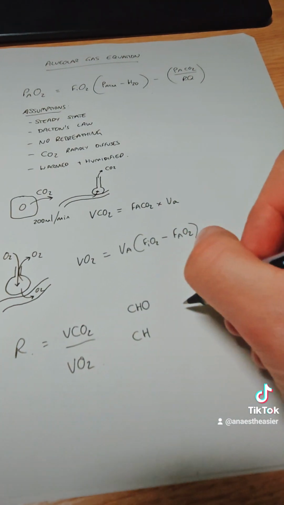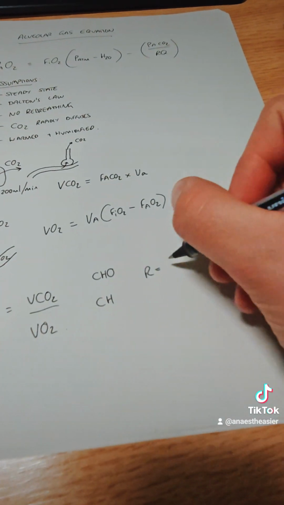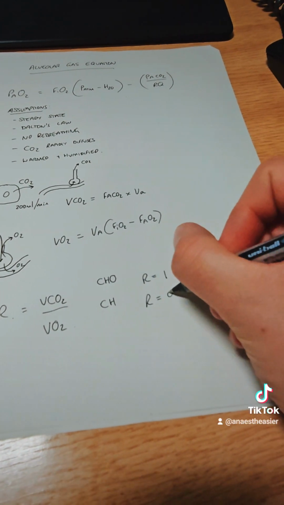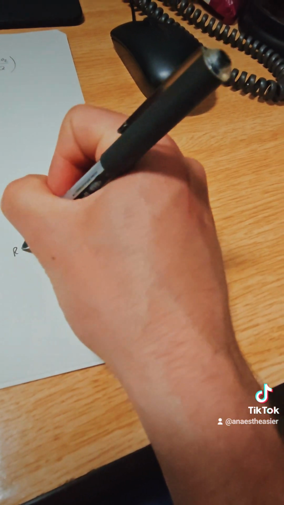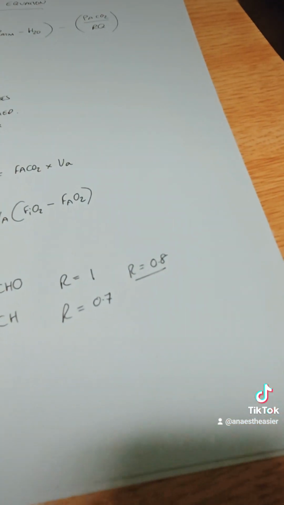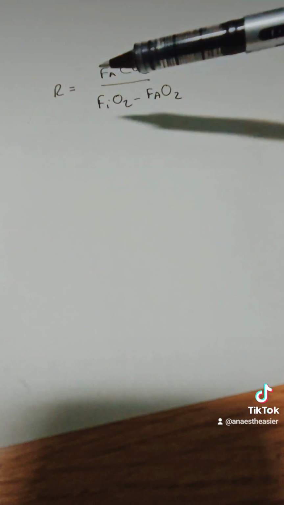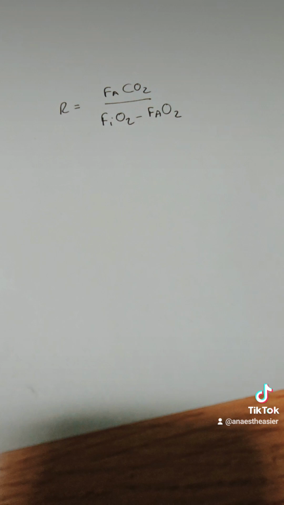As a result, the ratio for metabolizing carbohydrates is 1, and the ratio for metabolizing fat is about 0.7. So we take an average of this for the normal person, and we say that their respiratory quotient is about 0.8. If we then just combine the two equations, we end up with this, which we can rearrange to give us the basics of the alveolar gas equation.